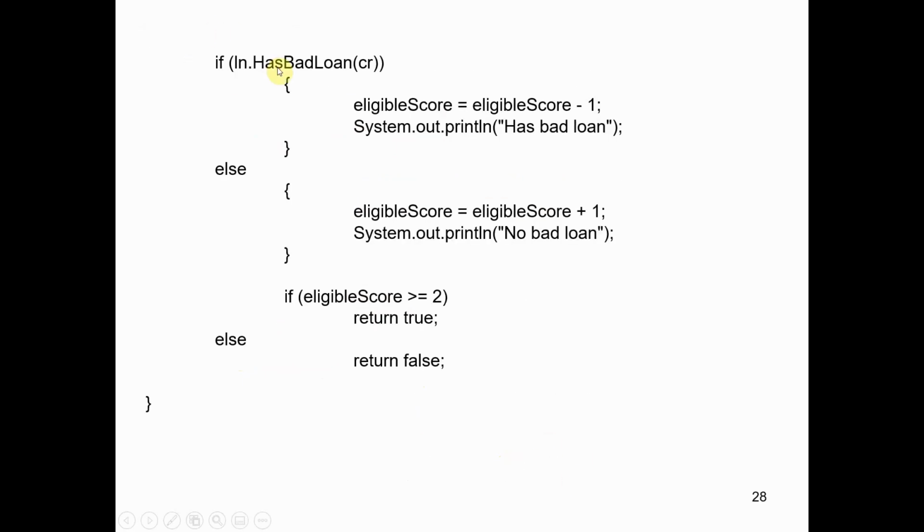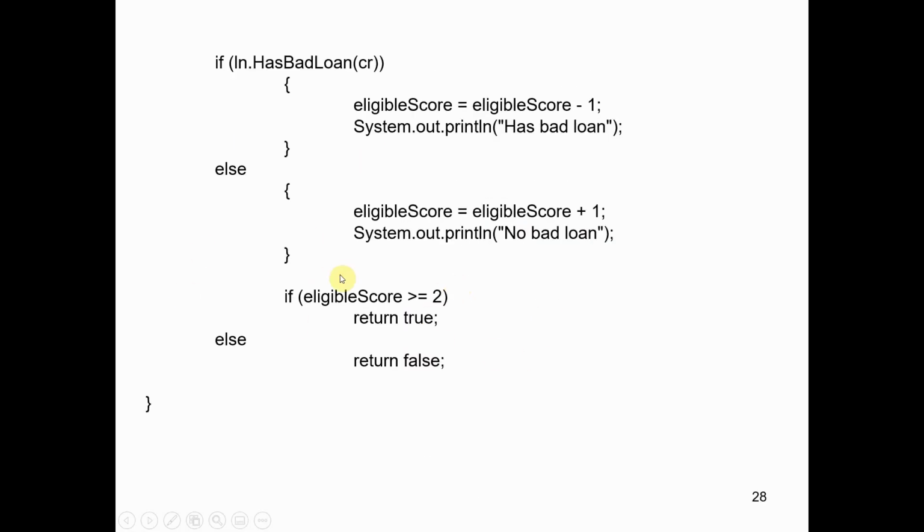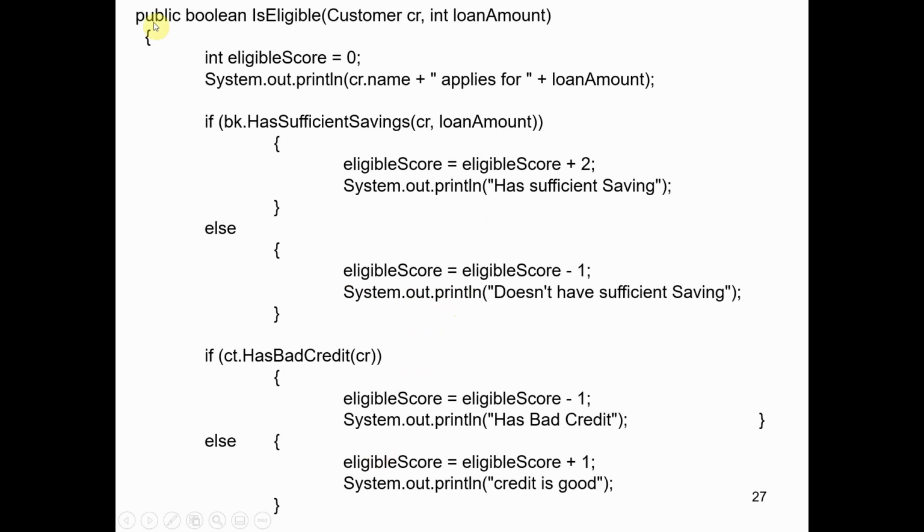Eventually, after all this calculation, if the final score is larger than or equal to 2, then return true, otherwise return false. Okay, so let's look at them one by one. Let's look at the bank.